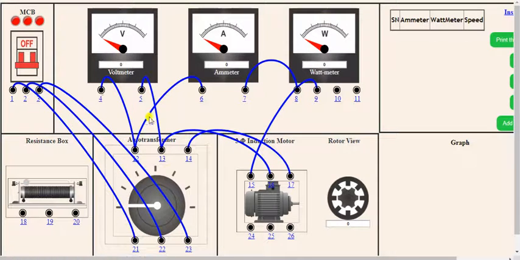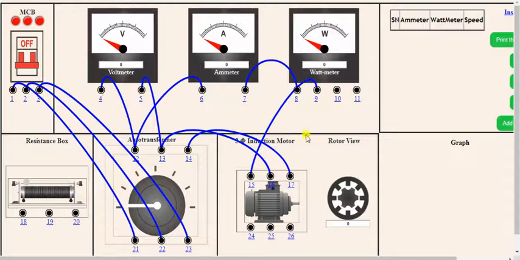The first phase of supply is connected through the ammeter and the current coil of the wattmeter to 15. Then the second phase is connected 13 to 16, then 14 to 17.